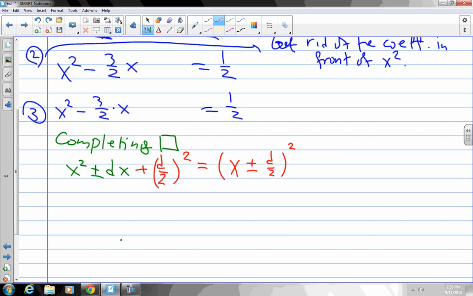And this is what you like, because if your whole equation packs inside that, then you can take the square root and you can solve it. Yeah, you can. Yeah, it will work.